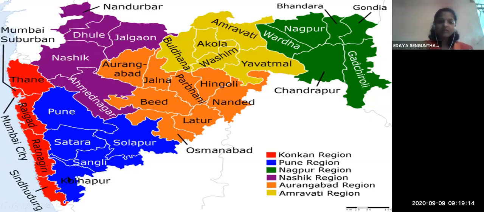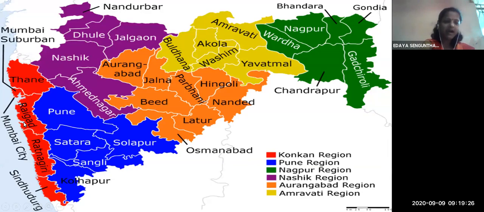For studying a map, we will first go through the index. See, the red colored portion is the Konkan region. Anybody can unmute their mic and tell me the names of the districts colored red, which come under the Konkan region.